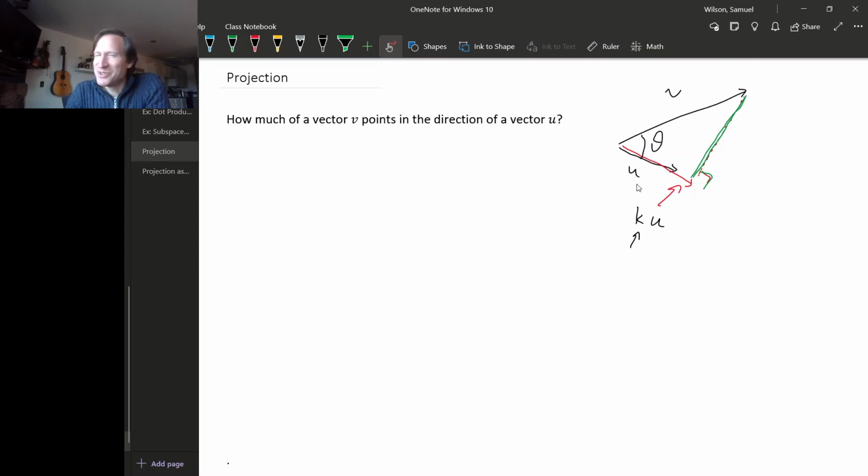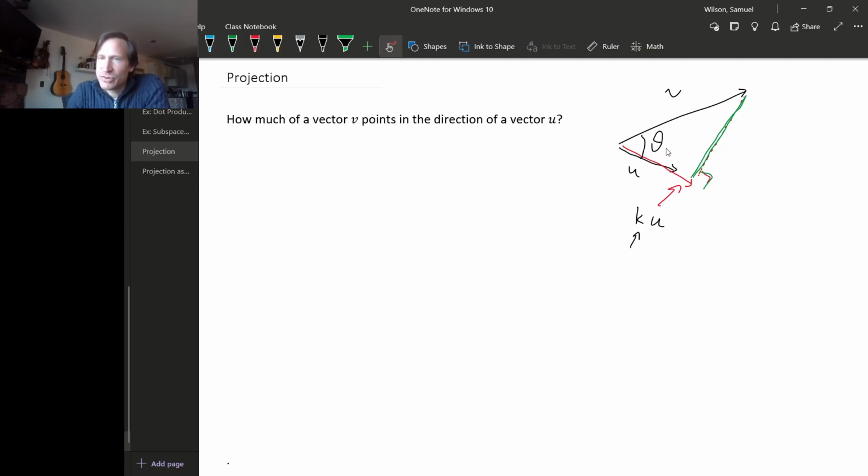Length of v, length of u, the angle between them, it's starting to sound like the dot product is going to be involved somehow, because those are the ingredients that make the dot product, at least the geometric formula for the dot product. So as we do the trigonometry to figure out the length of this red side, we're going to have to keep our eyes peeled for the dot product, because we expect that it will show up.